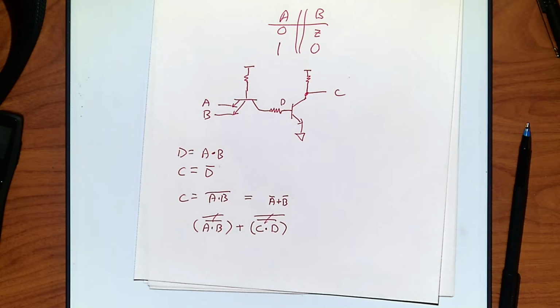Guess what would have happened if I picked PNPs? NOR gates would be the natural thing that flows out. Right? So now how good a NAND gate or how good a NOR gate is dependent on the underlying transistor. So which is better? NPN or PNP? NPN. Right? NPN is slightly better.